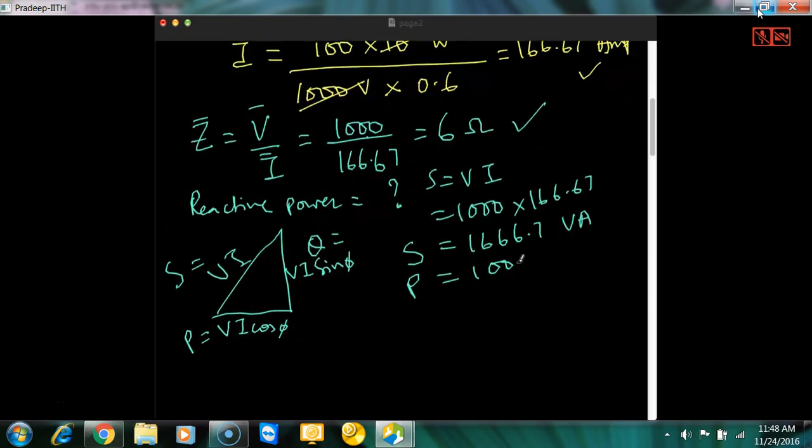So I think I have to give more zeros. Let me just correct it. 166.67 kilovolt amperes. Okay, I'll express it in this one. S is 166.67 kVA, and P is 100 kilowatts.